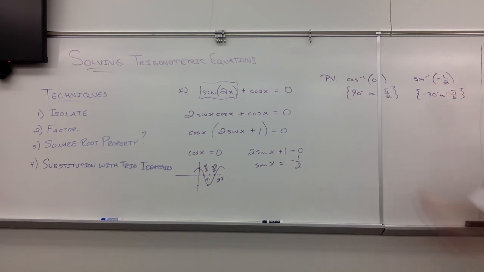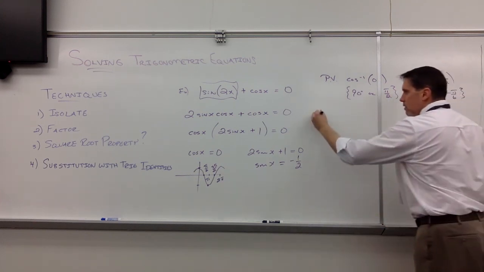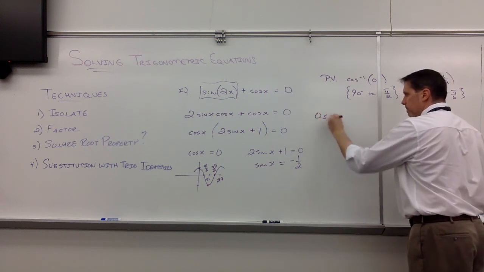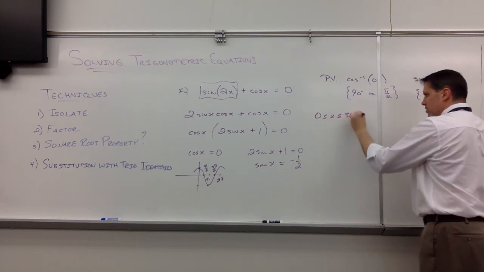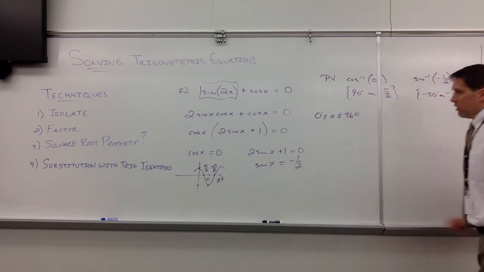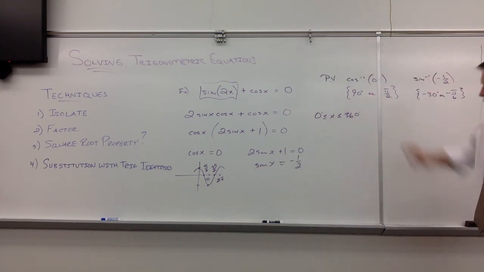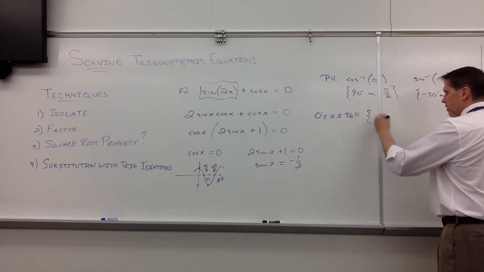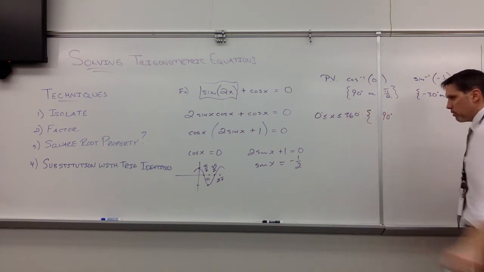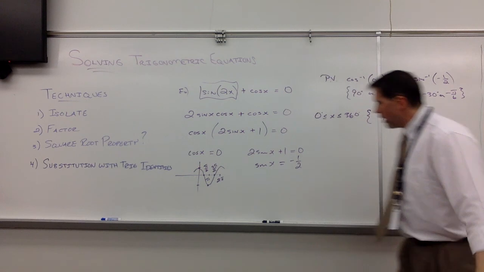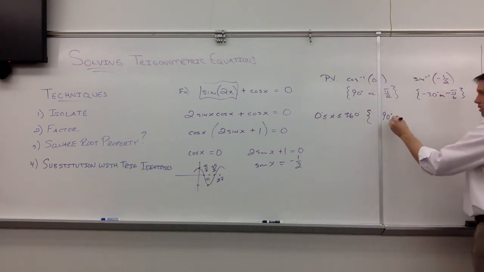So -30, we got to go to quadrant 4. If we go 0 to 360, well, now here's where the graph helps. 90 is acceptable. I'm going to use that for sure. 90 is between 0 and 360, and also at 3 pi halves, cosine is 0. So that would be 270.